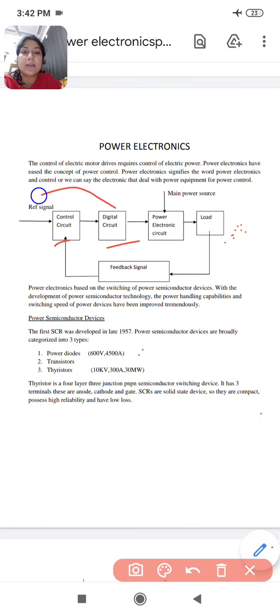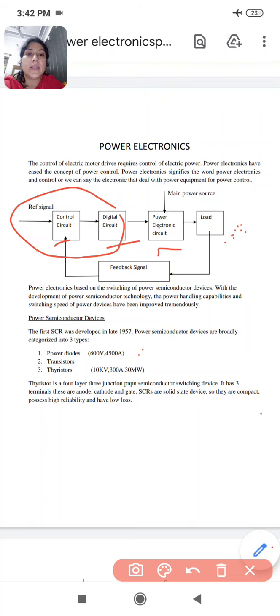These two are electronic circuits, while this one is working at power level. Then we have a connected load which is at high power level. From this load the feedback signal will be collected and given to the control circuitry. So this is the structure of power electronic circuitry.